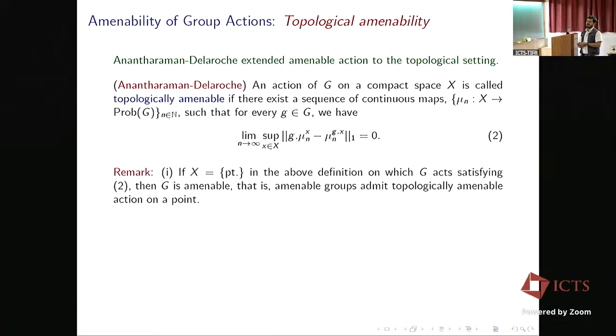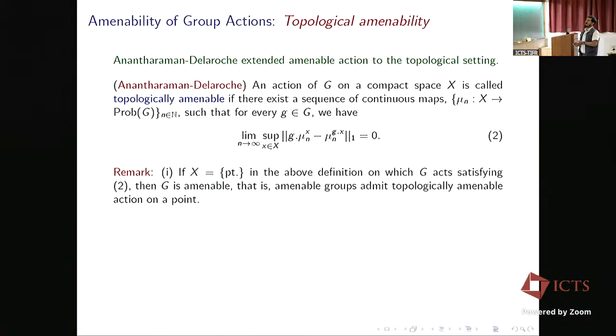So here we have a few remarks. We can easily see from this that if I take x to be a point, then I have a sequence of probability measure assignments, right? And that satisfies this expression. And that means I have amenability.